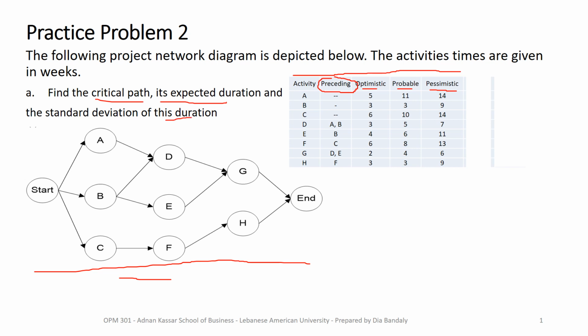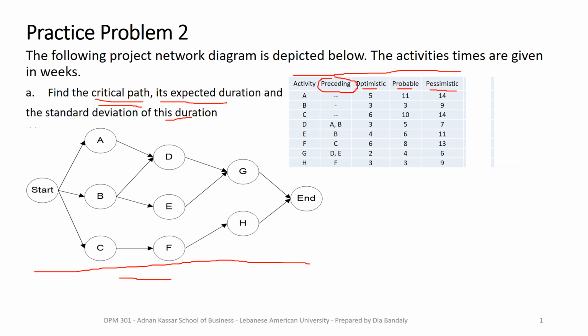Okay, so how to find the critical path? So far, we are doing exactly what we did before. To find the critical path, all we have to do is to list all the paths, then sum up the durations of the activities in each path to find the path duration. But which activity duration? As we said before, for every activity we have 3 time estimates: optimistic, probable, and pessimistic.